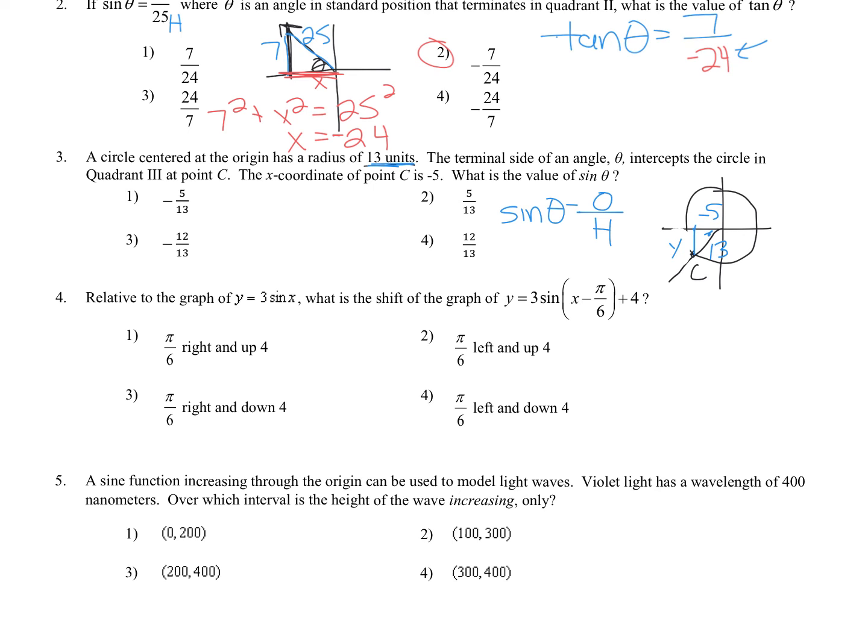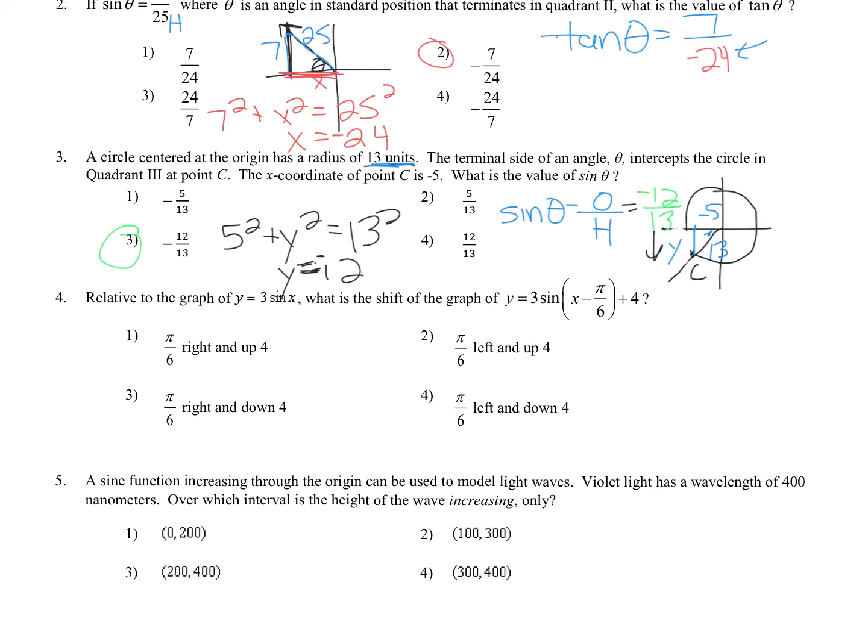So I have Pythagorean theorem, 5 squared plus y squared equals 13 squared. If we solve that, we would get 12. The y is going down, so I need it to be negative. So the sine value, opposite is -12. Hypotenuse is 13, so that's going to be choice 3.